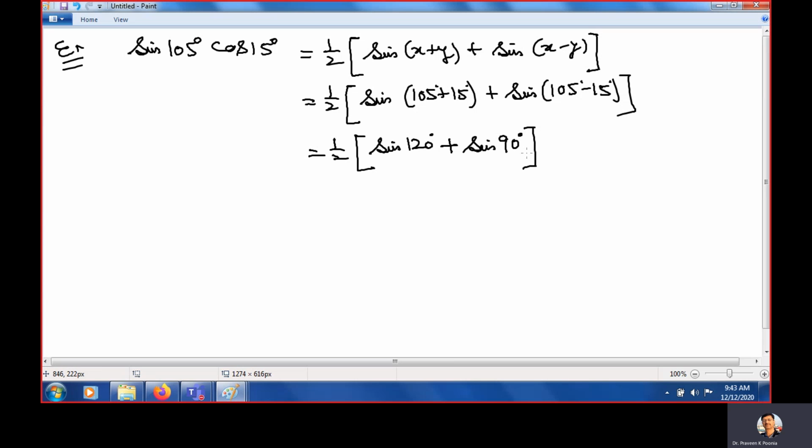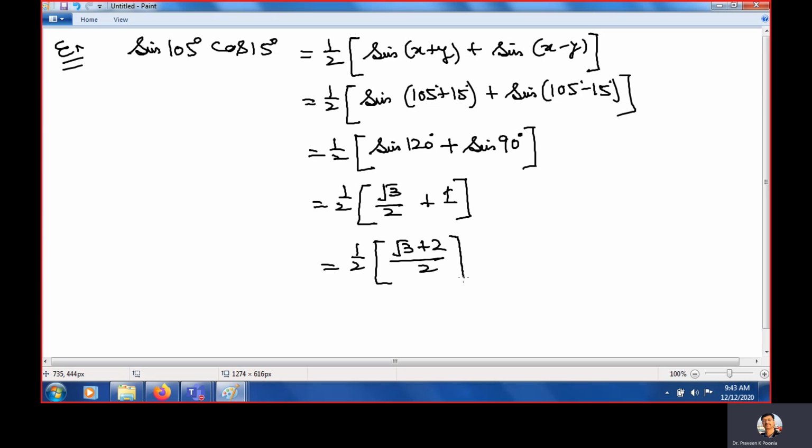Sine 120, with the help of a calculator, is square root 3 upon 2, plus sine 90 is 1. Taking the LCM, it is root 3 plus 2 upon 2, and simplifying, square root 3 plus 2 upon 2 times 2 is 4. This is how you get the value.